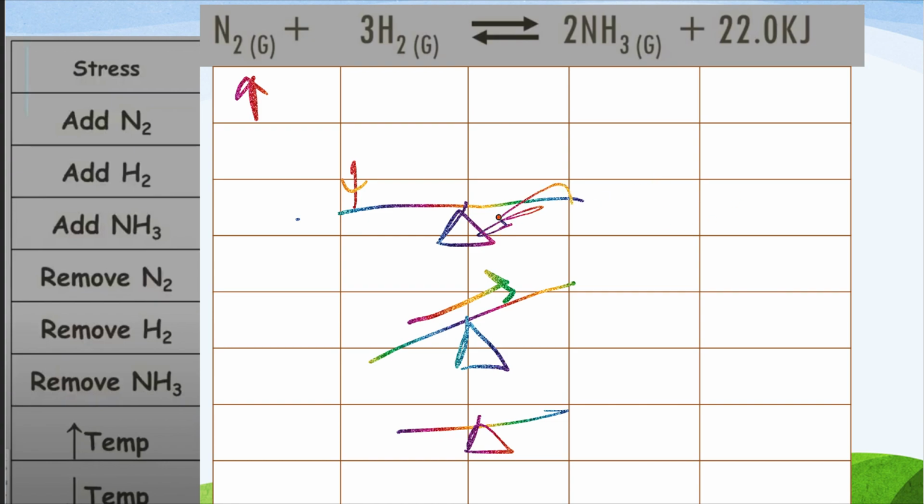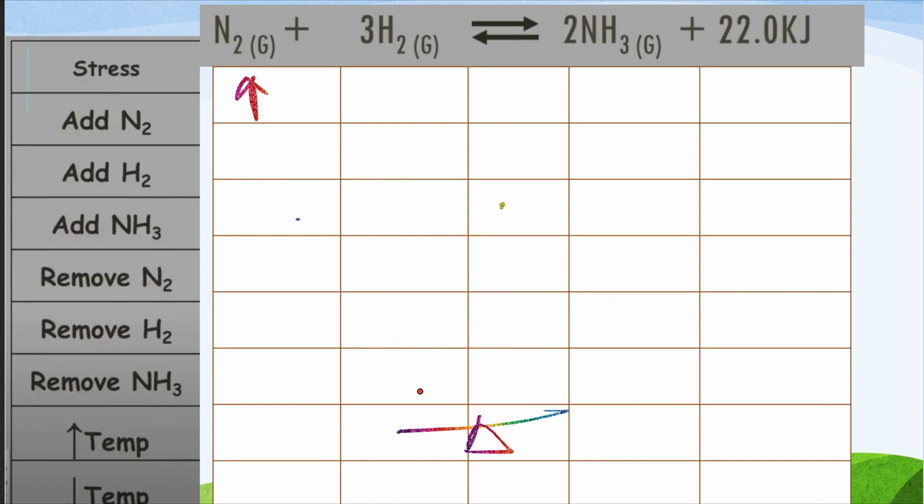It's the same thing with what's happening in this equation. When we increase nitrogen, it's going to shift away from it, and it's going to favor our product side. I'm going to write products here. This is reactants.